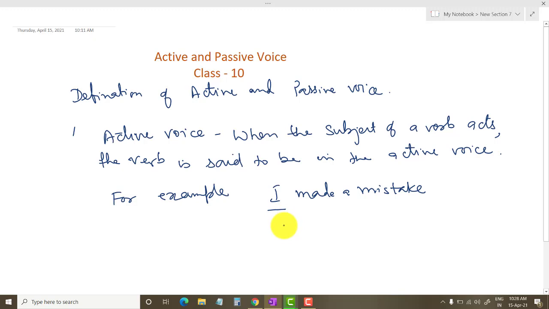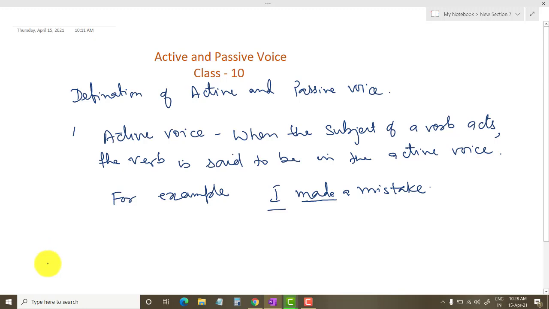It means it is active. The work is done by the subject. Therefore, the voice of the verb will be said to be in active voice. We can say that the subject is important in active voice.